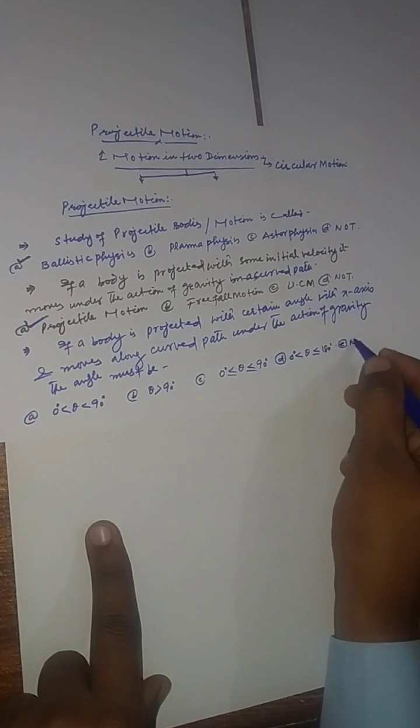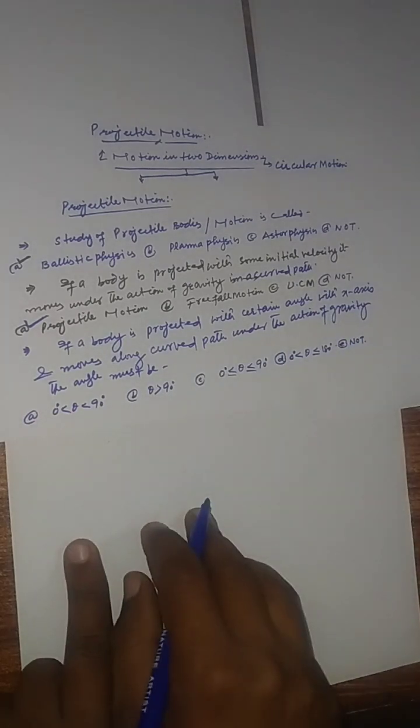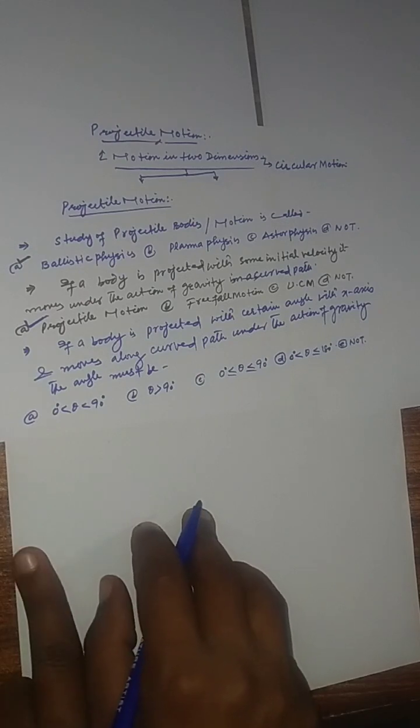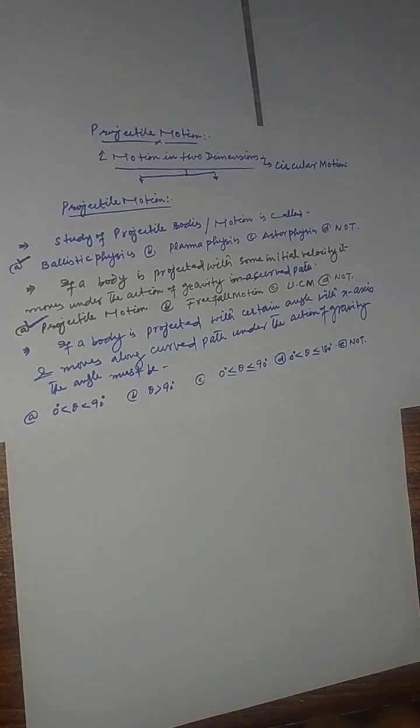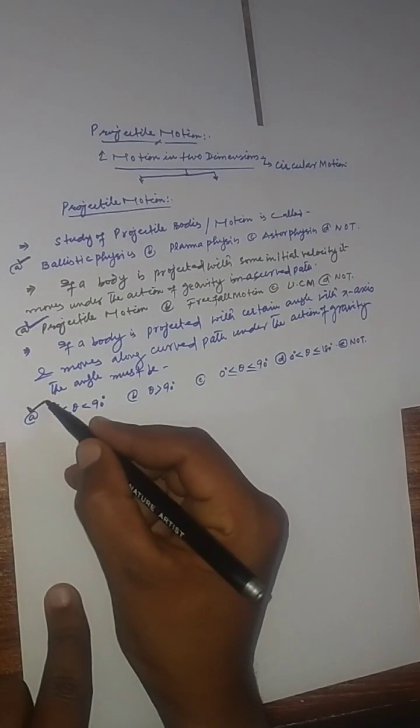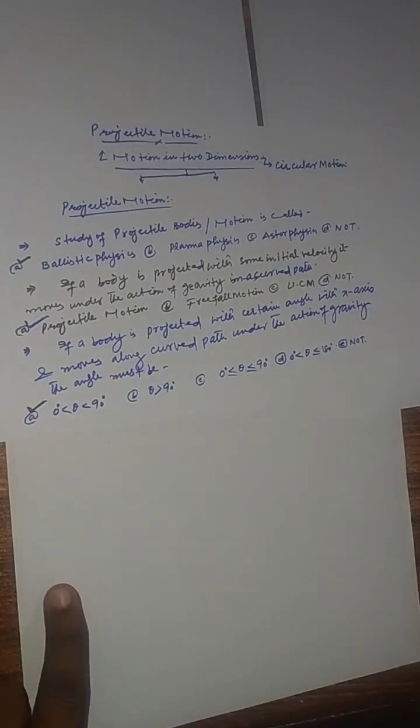Option E, none of these. Then what should be the condition for oblique projectile motion? The condition must be that the angle is greater than 0 but less than 90. So the correct answer is A.